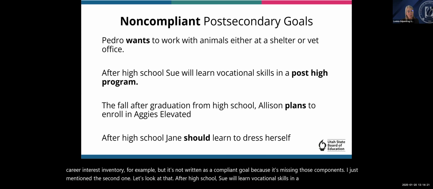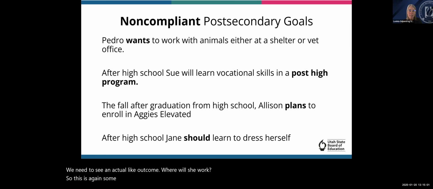So it should be after post-high services end or after 22, Sue will work in a restaurant, let's say, right? Because can we see her doing vocational skills? That's not a job. We need to see an actual outcome. Where will she work? So this is, again, some information, but it's not written as a compliant post-secondary goal.